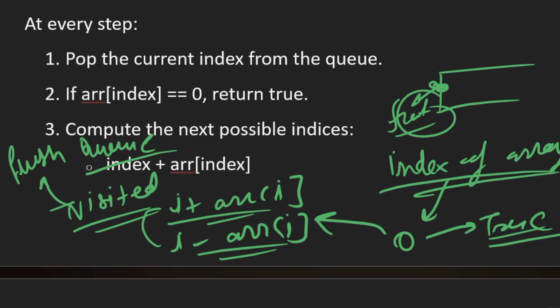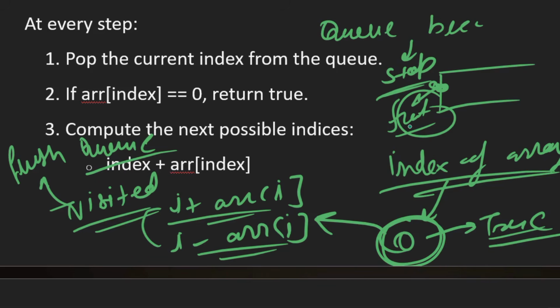And when we process all the nodes and our queue becomes empty, then we stop. And if at any point within the process we do not get 0, that means there is no node having 0 value, or we can't reach the node that has 0 value, so we return false, right?